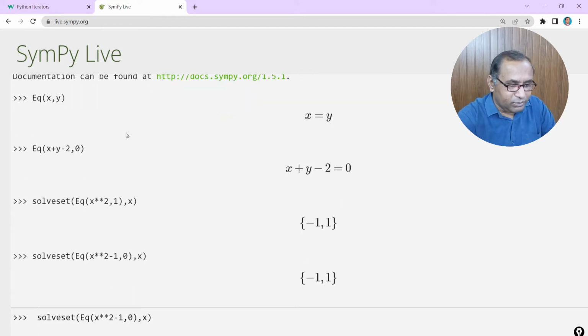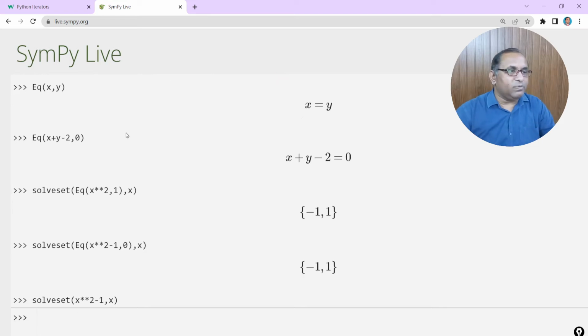Either you can use the equation without using the Eq function. We just need to write the equation, and then we will use the solveset function to solve it for the x variable, and when you press enter, it will return the same set of solutions.